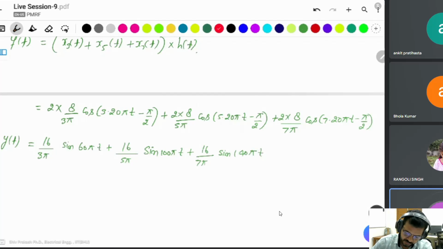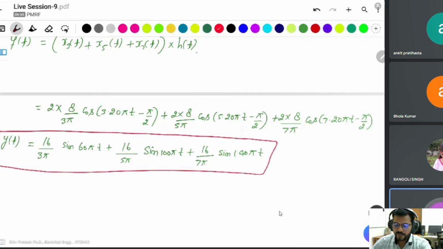This is the expression of the output waveform.